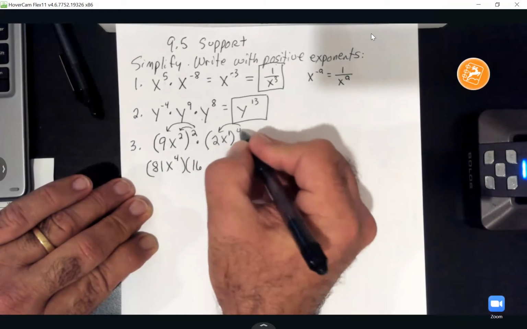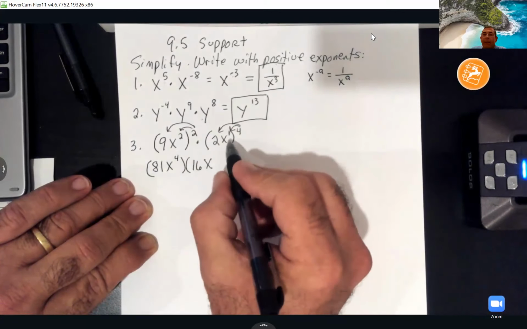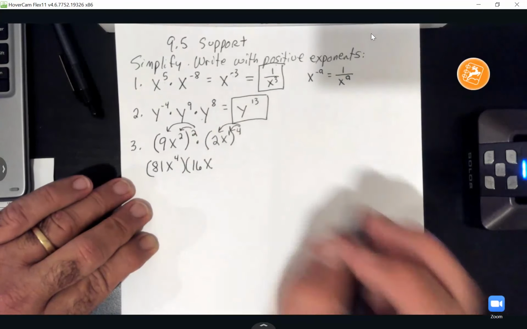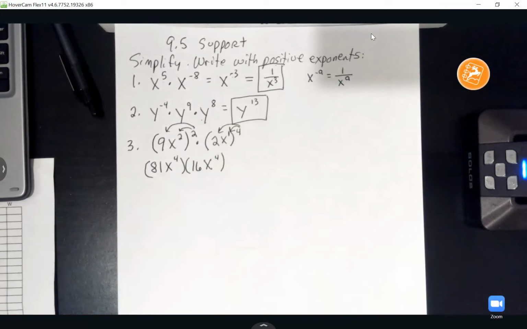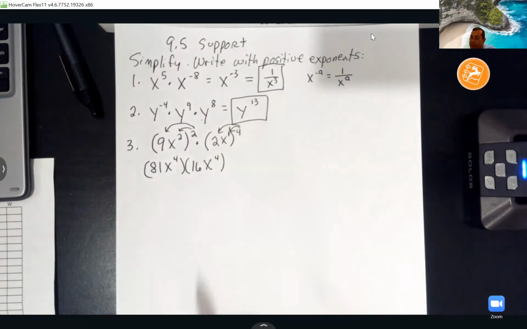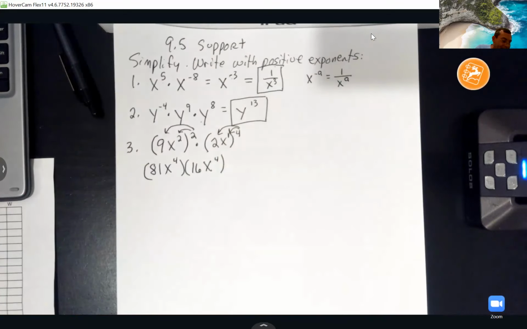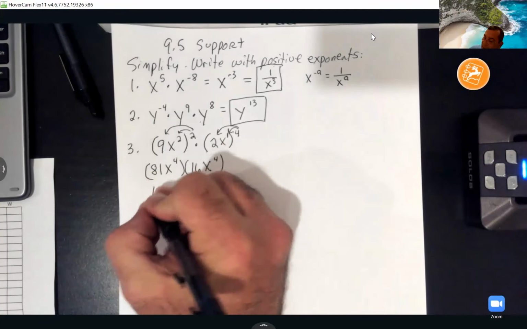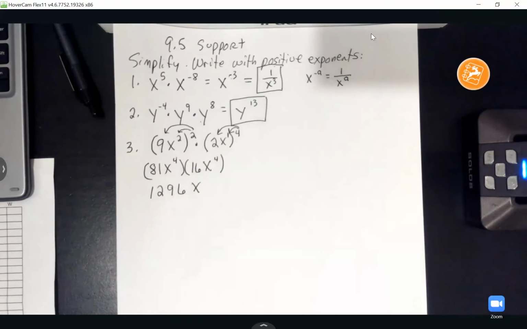So we distribute it, and now the x has an exponent of 4, because you multiplied those. I'm going to have to break out a calculator because now I can multiply this. 81 times 16. 1,296.